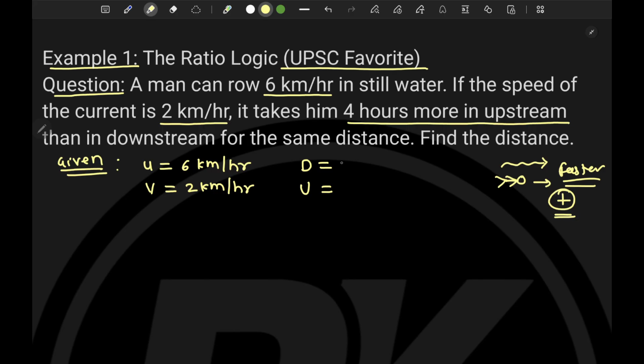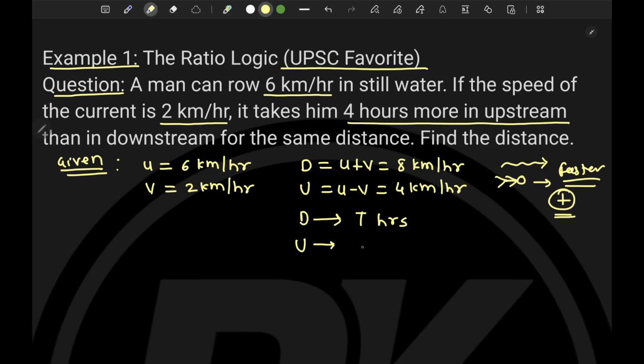Hence downstream is u plus v, that is 6 plus 2, which is 8 km per hour, and in upstream it will be u minus v, that is 6 minus 2, which equals 4 km per hour. Now let us consider for downstream, if it was taking time t, in upstream it is taking 4 hours more. So to row upstream it will take t plus 4 hours, that is for sure.